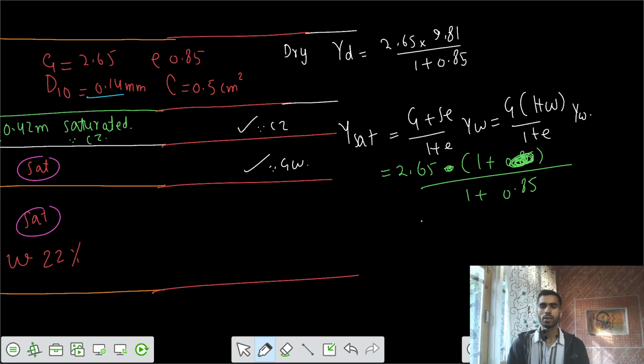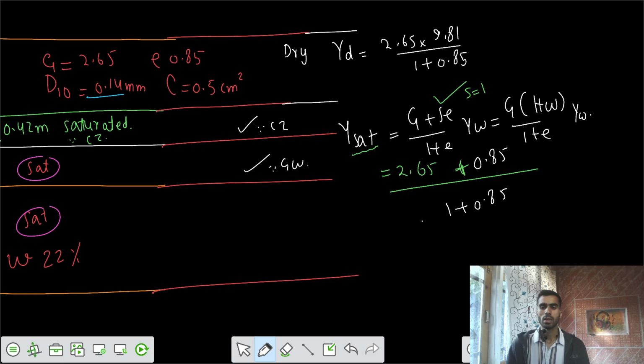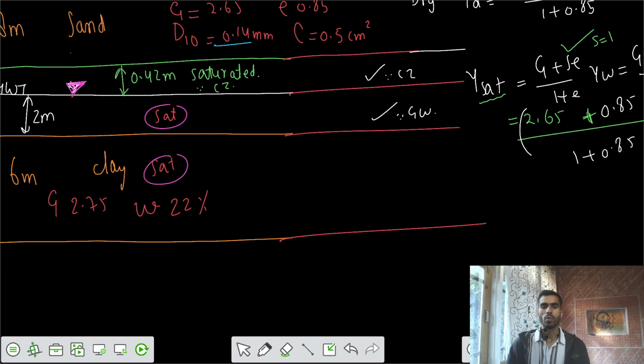Water content is not given to us, so I can use the first equation. I can write G plus S e. Is the degree of saturation given? I think it is, because we are talking about saturation. So I write G plus e, where the degree of saturation equals 1, divided by 1 plus e into 9.81. So that is your gamma sat for your sand.